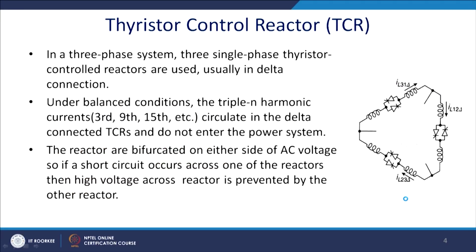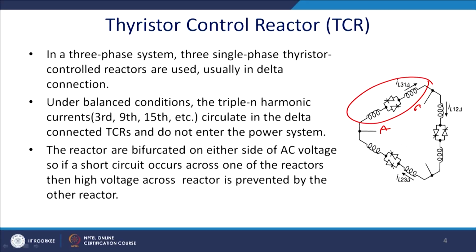So, we require to suppress the third harmonic, that is our main concern in the case of the TCR. So, the 3-phase system we can put into the delta. So, this is the delta configuration A, B and C, and this is the delta configuration.